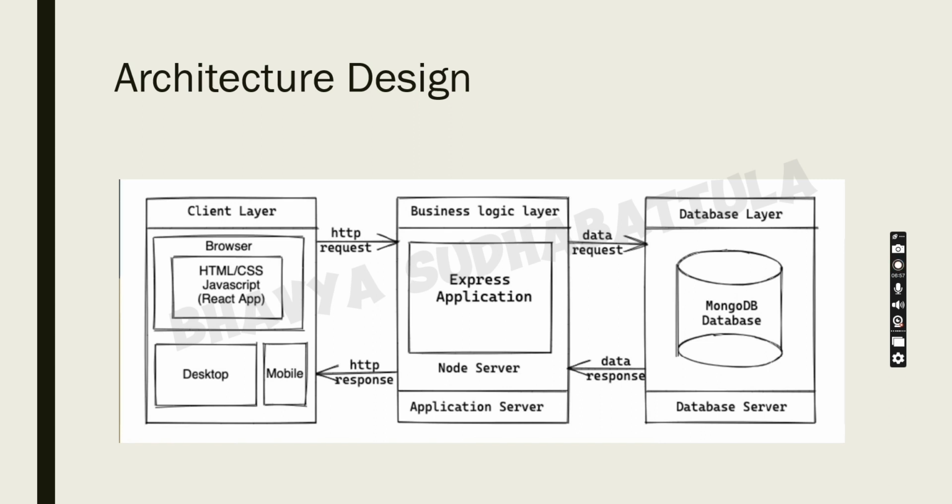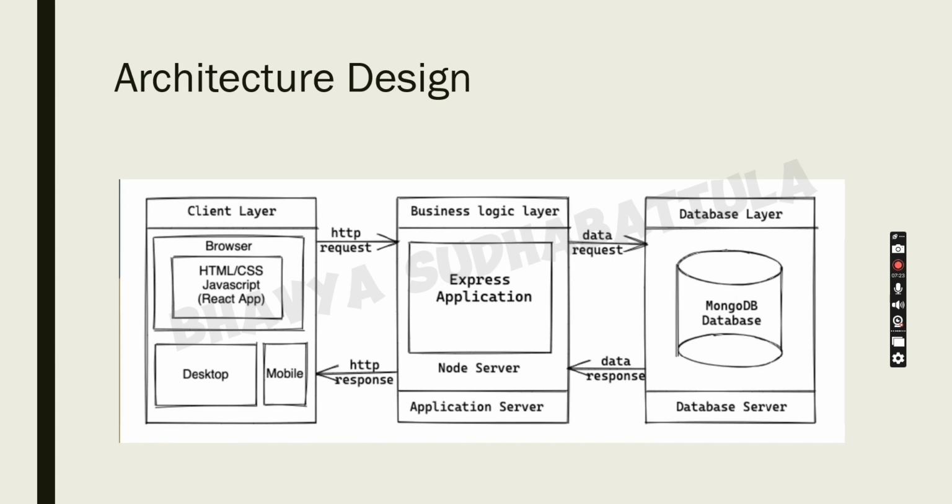Then the Node server and application layer will send the data request, meaning what data we are requesting, to the database layer. Then the database layer fetches the data which we are requesting and gives the correct response to the application server. Then the application server, which acts as middleware between the client layer and database layer, sends the response again in the form of HTTP to the desktop or mobile, to the web users.